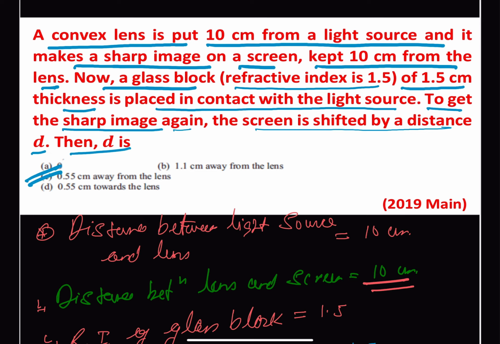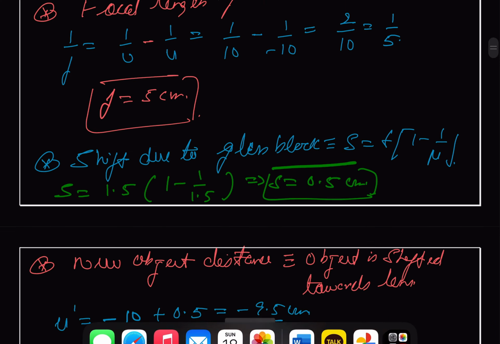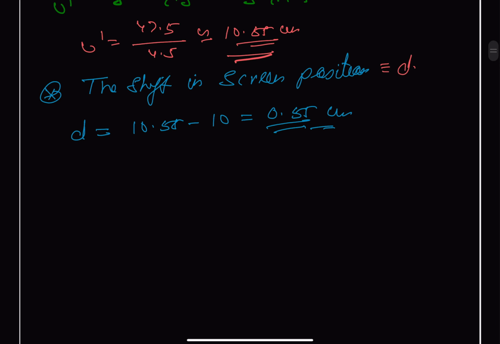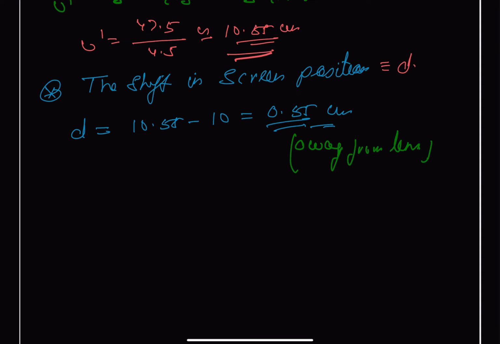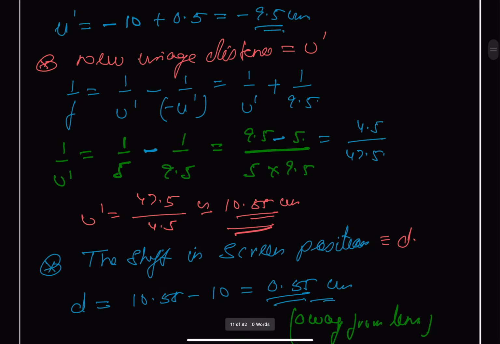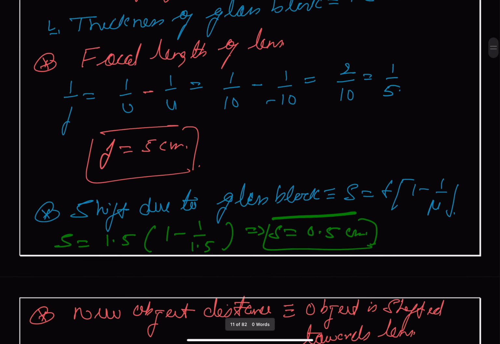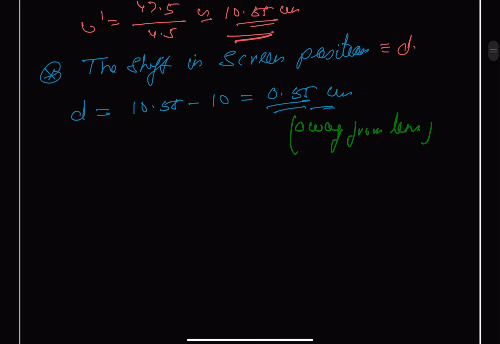So option number C is the correct one. 0.55 away from lens. So you can see option C is correct.